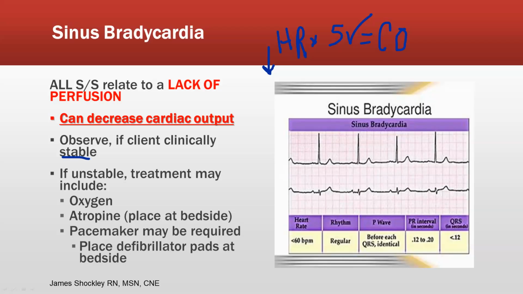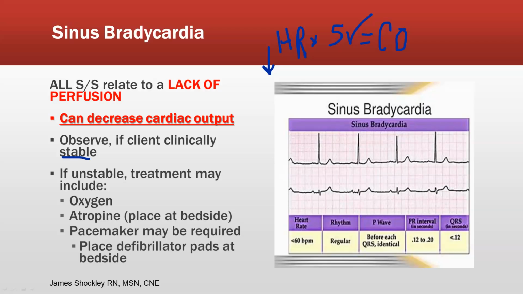It could be our little geriatric clients whose heart rate tends to run low, but they're alert and oriented. What that tells us is that that person's compensatory mechanisms have covered for any decrease in cardiac output.